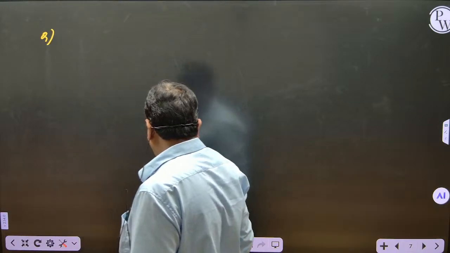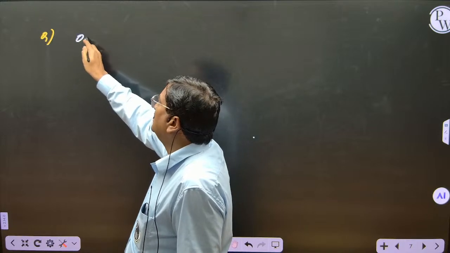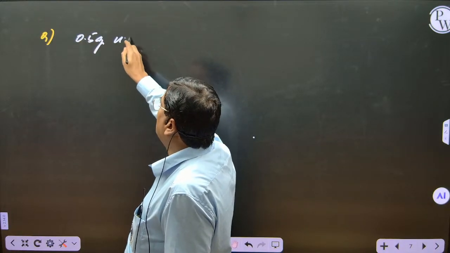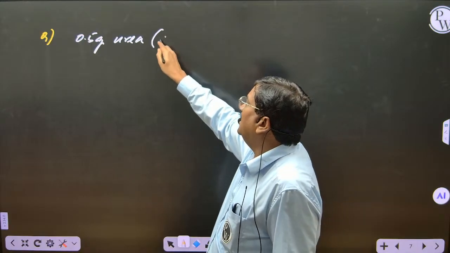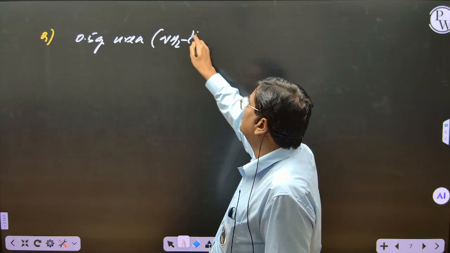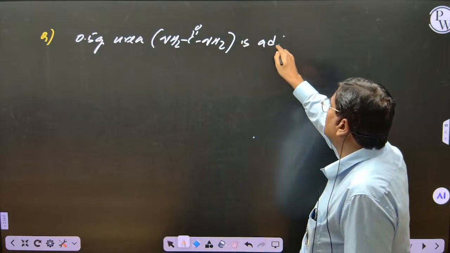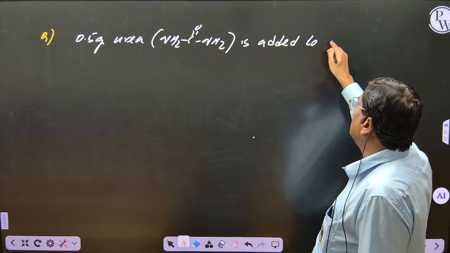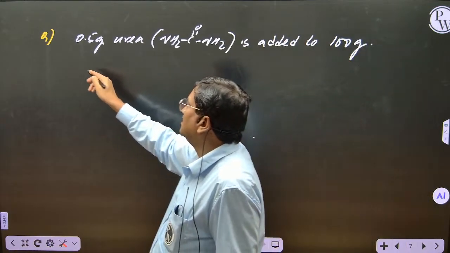0.5 grams of urea. What is the formula of urea? It's a non-volatile solute, NH2CONH2, is added to 100 grams of solvent, water.